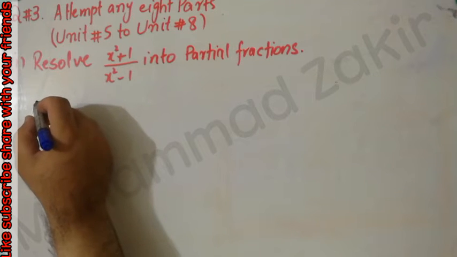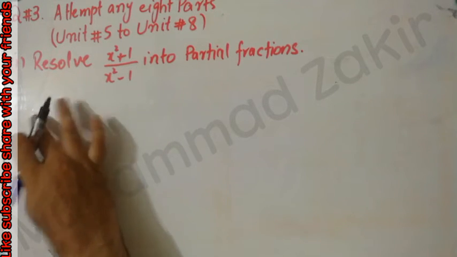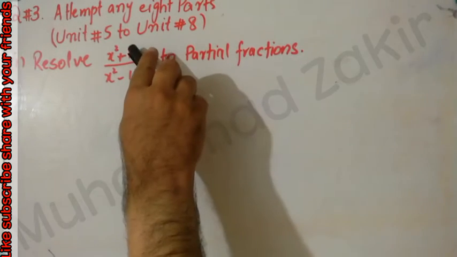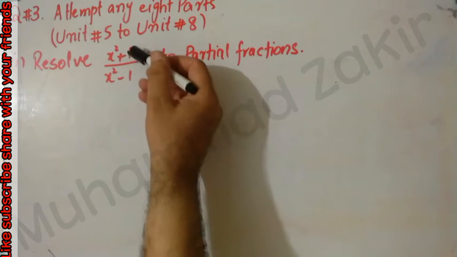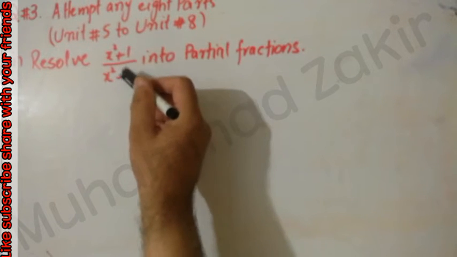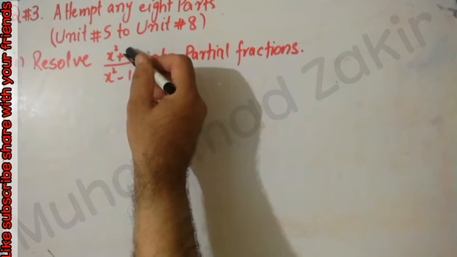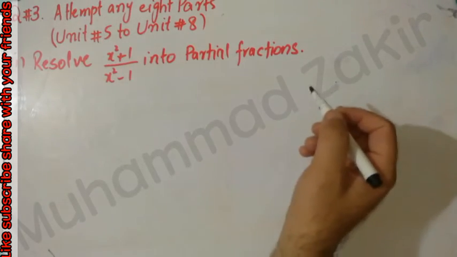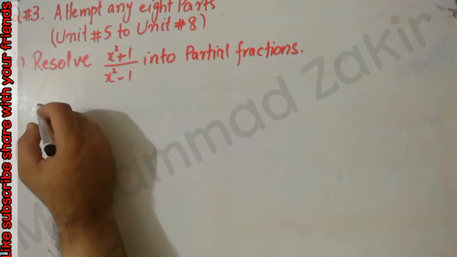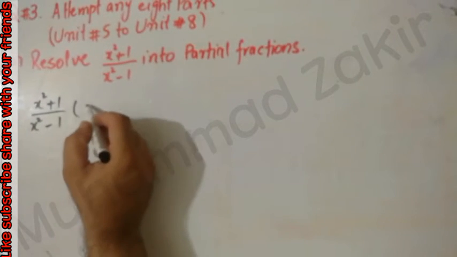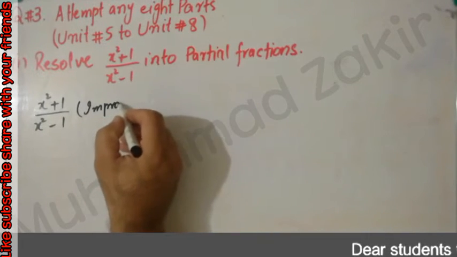It is improper because the condition for improper is that the degree above and degree below are equal, or the degree above is greater. It is of p of x by q of x form. If the degree of p of x is equal to or greater than that of q of x, it will be improper. So this is improper without any doubt. X square plus 1 by x square minus 1 is improper.